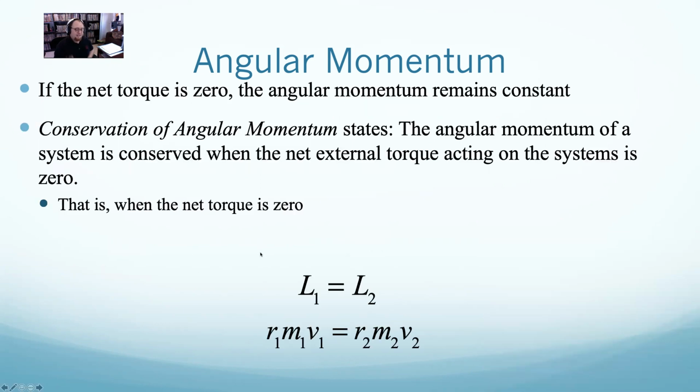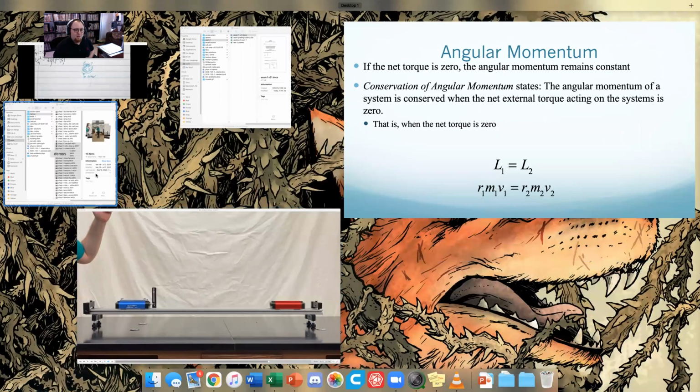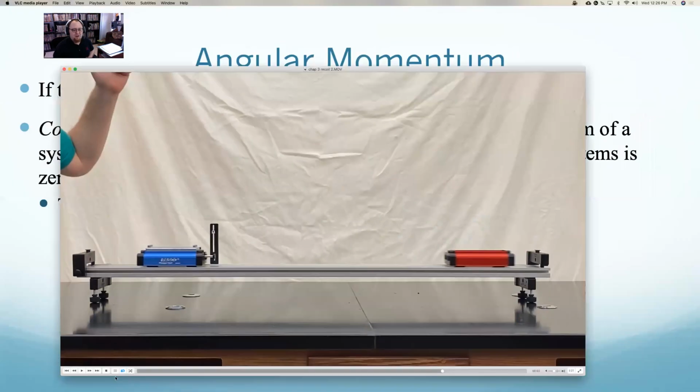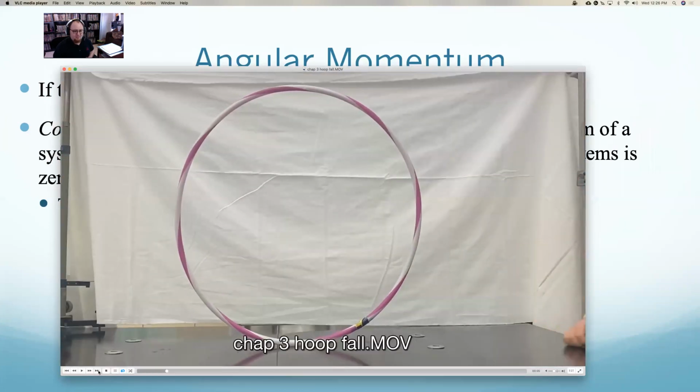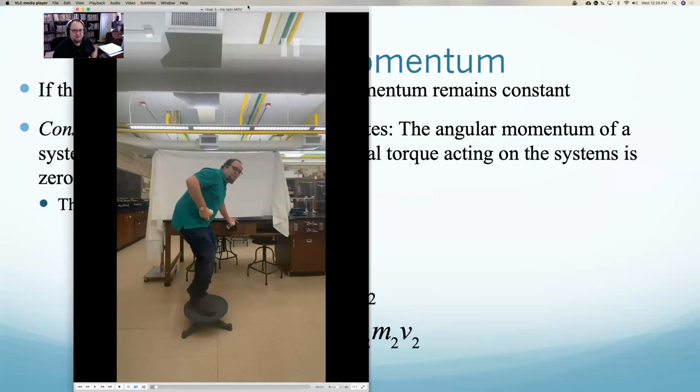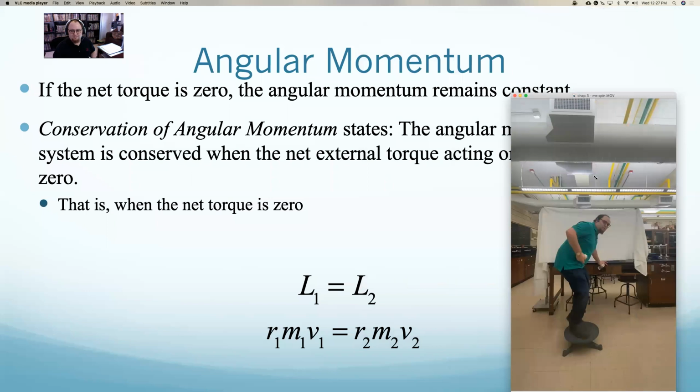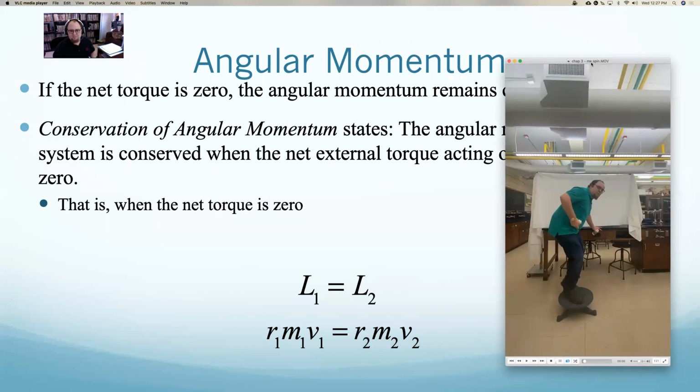Now, like linear momentum, where the net force is 0, angular momentum is conserved when the net torque is 0. What it says is that if no one comes in and hits something, anything spinning keeps its angular momentum the same. There are a lot of practical uses of this, but I'm going to start with a less practical but interesting one.